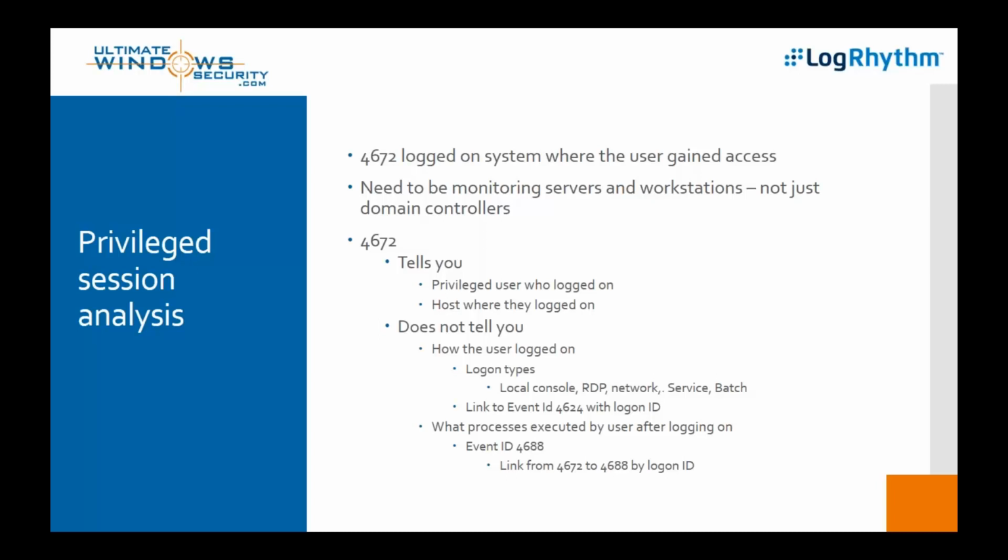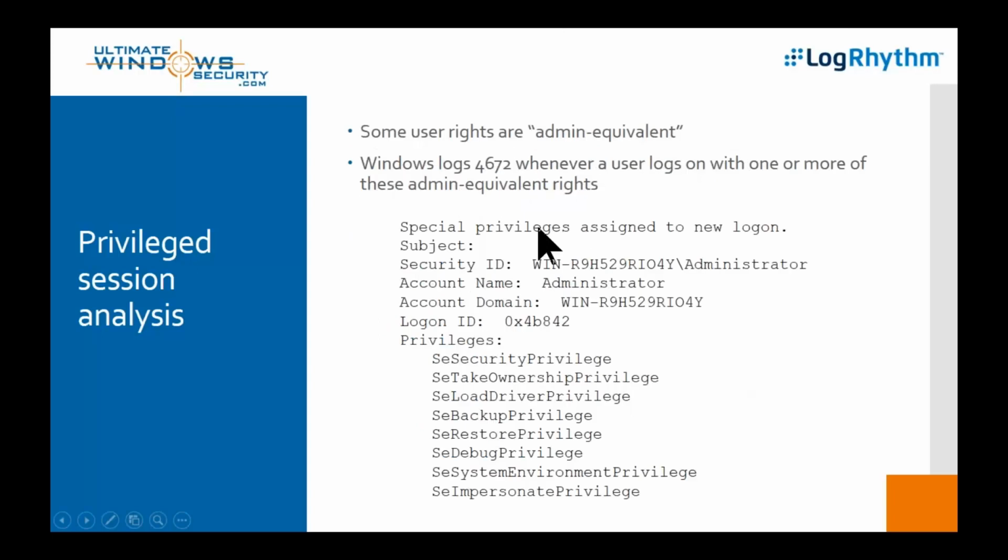So how do we get it? The next question would be, what event gives you the logon type? That would be event ID 4624, which I'll show you here in a second. But how do you link 4672 to 4624? You do that with the logon ID. Notice back here in our example of 4672, one of the things that we have is logon ID.